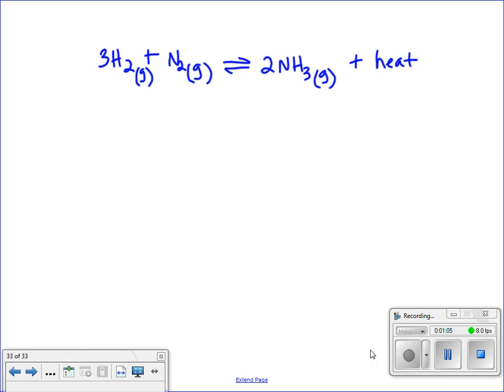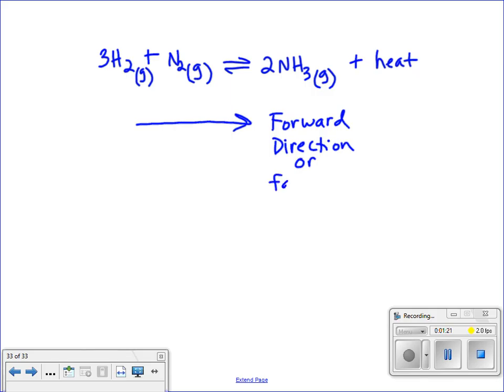So we can go in the forward direction, meaning reactants form products, that's called the forward direction, or favor products. What this means is that the reaction will proceed in the forward direction to form more products. The terminology is called favor the products.